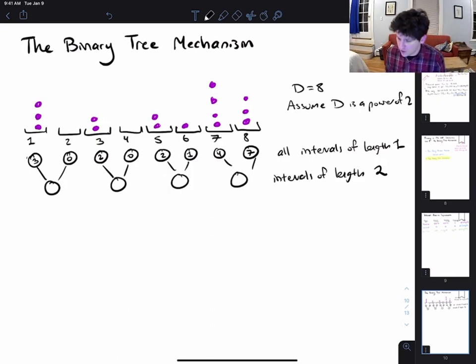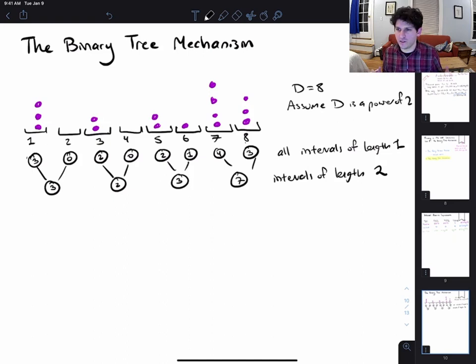And of course, each of these queries is like summing up 2 of the queries of length 1. Oh, sorry, why did I put 7 there? Right, so each of these queries is just summing up the 2 nodes above it. Okay, maybe you can start to see where the binary tree idea is coming from, because I've got these little individual binary trees of depth 2. All right, so now I'm helping a little.